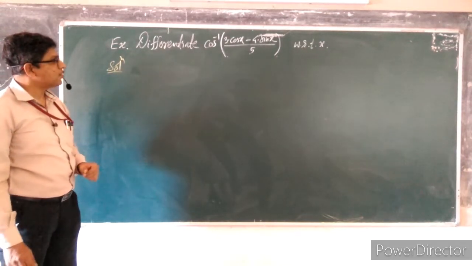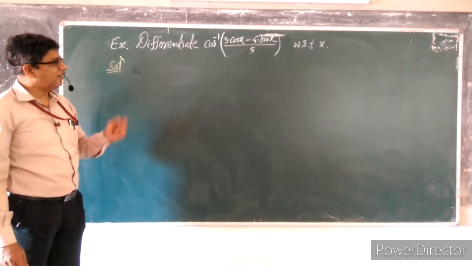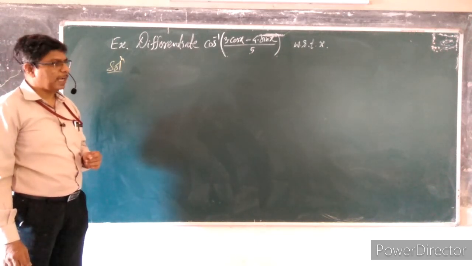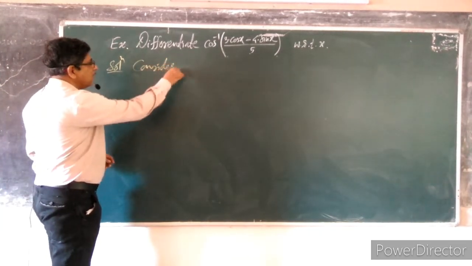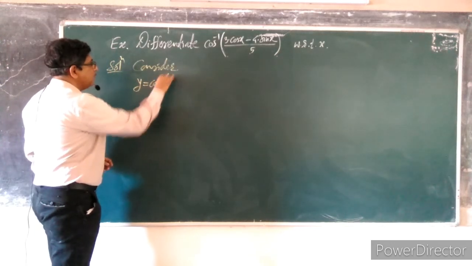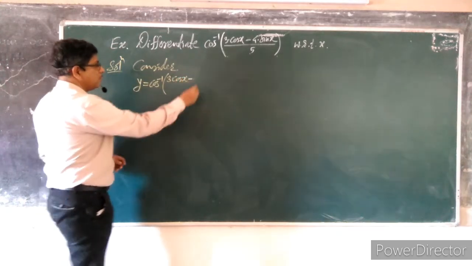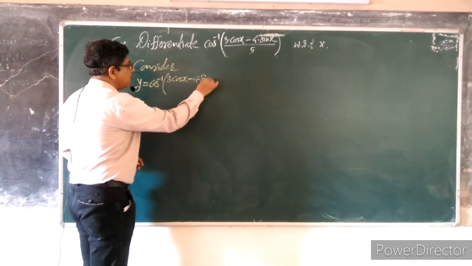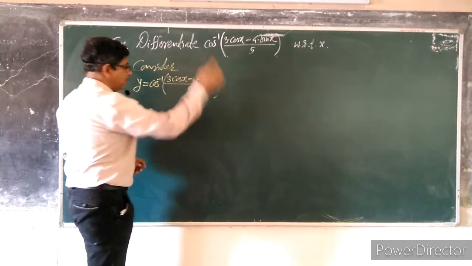Differentiate cos inverse of 3 cos x minus 4 sin x divided by 5 with respect to x. So consider the given function. We'll call it as y. Y is equal to cos inverse of 3 cos x minus 4 sin x divided by 5.